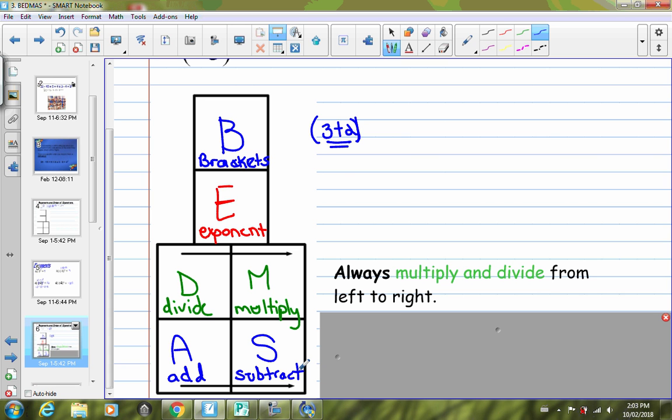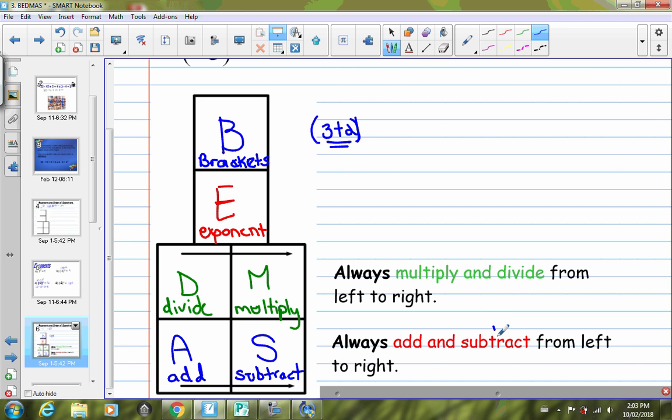And again, you're going to notice here that those two are beside each other, so it's also in the same piece here. Always add and subtract from left to right, so I'll get you to write that down beside that as well.